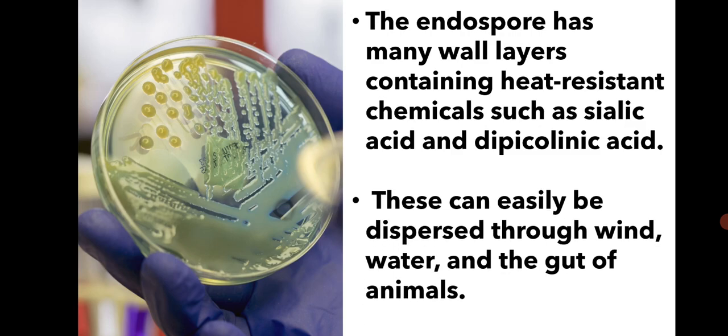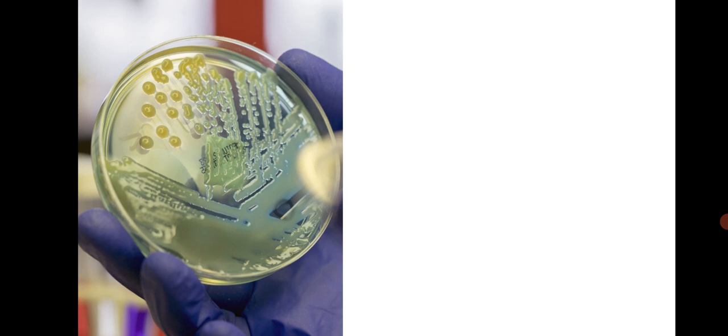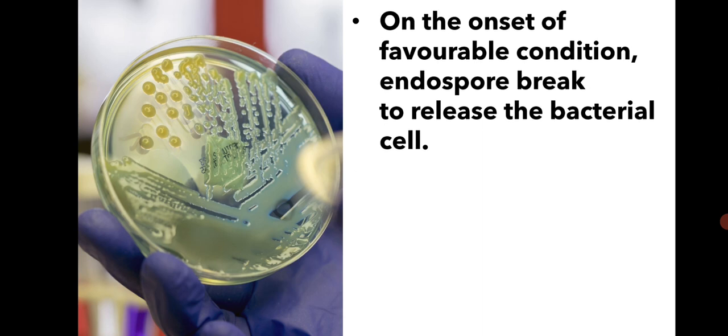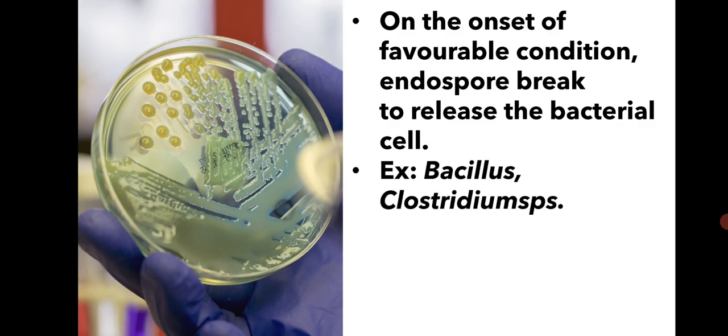So you can remember these important points, which are very important objectives. These can be easily dispersed through wind, water, and the gut of animals. On the onset of favorable conditions, like cysts, endospores break to release the bacterial cell. Example, Bacillus and Clostridium species.